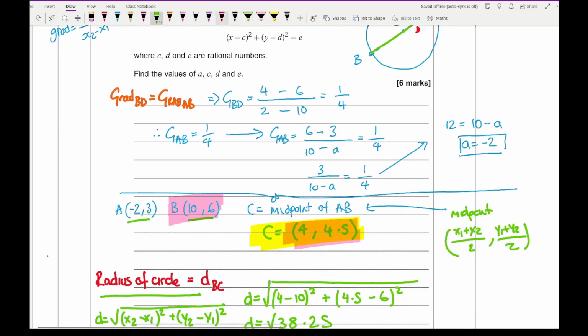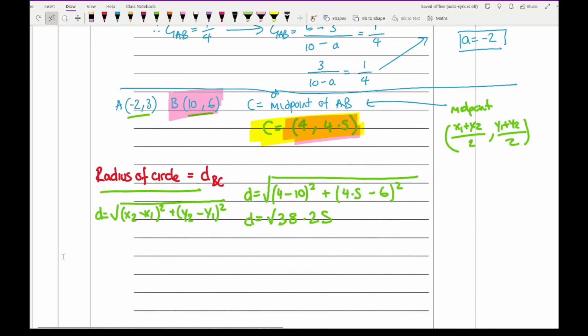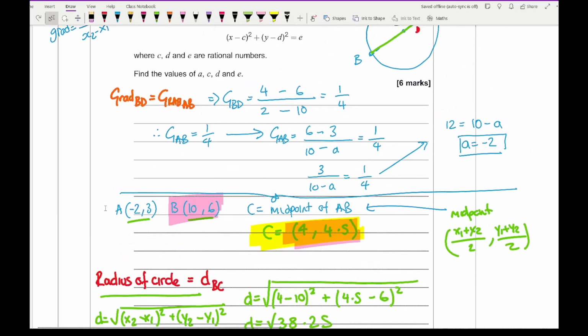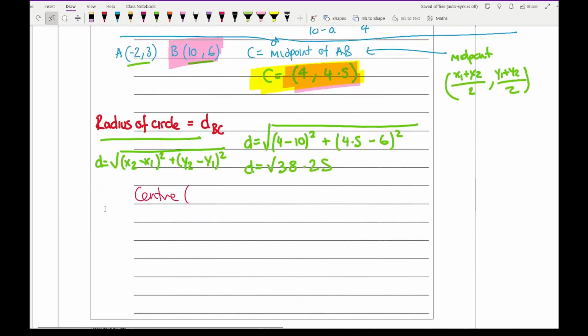Now going back to the actual letters, and again I've probably confused myself by using completely different letters here. So from this, what I've then got is that the centre, which looking at the coordinates is CD, equals 4 and 4.5.